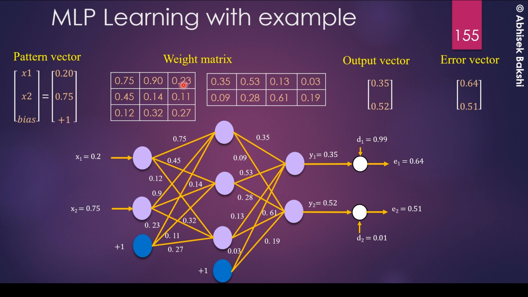How? Let's see. First of all, you see, the weight matrix is given like this, 3 cross 3, and like this. Now, what will be the dimension?